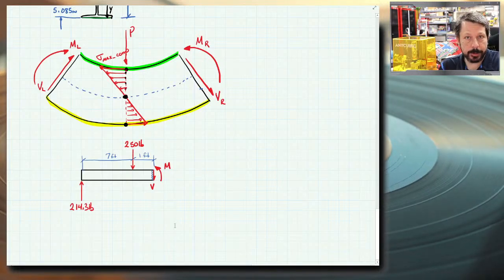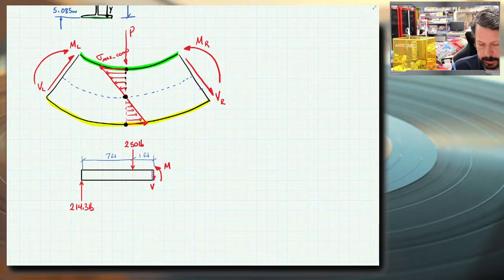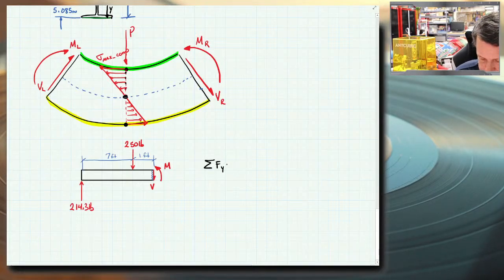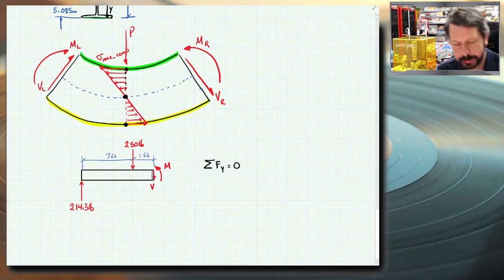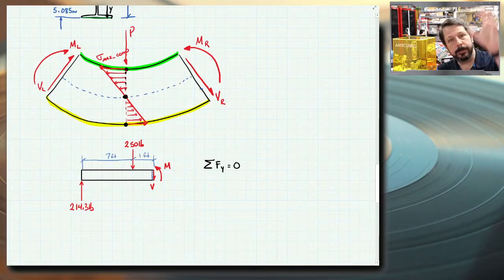Now I've cut it open, but it's got 2 unknowns. There are some things I know. It's got dimensions on it. I can solve for V and M here. I don't need to solve for V, but it's easy enough that we're going to do it just to make sure we can. So if I did the summation of forces in the y direction for this free body diagram, they have to equal 0, or else this piece of the beam is moving up or down, and I know it's not doing that.